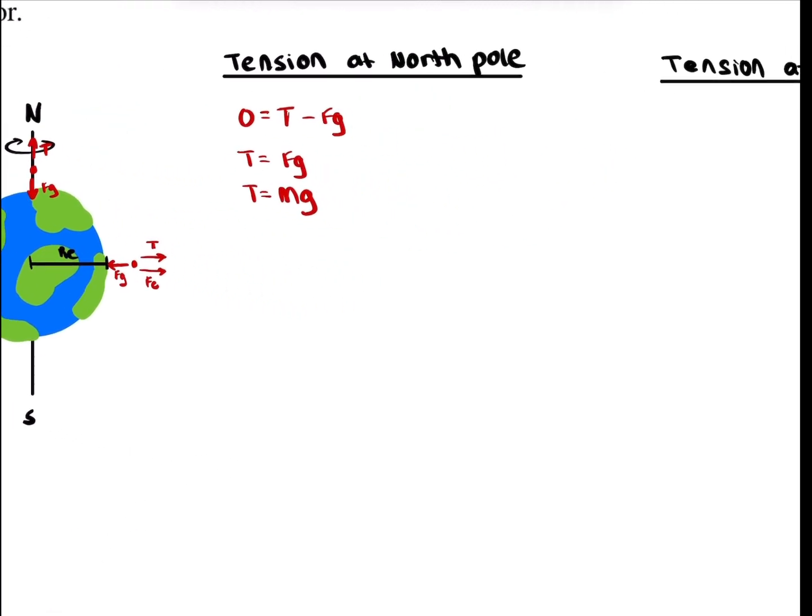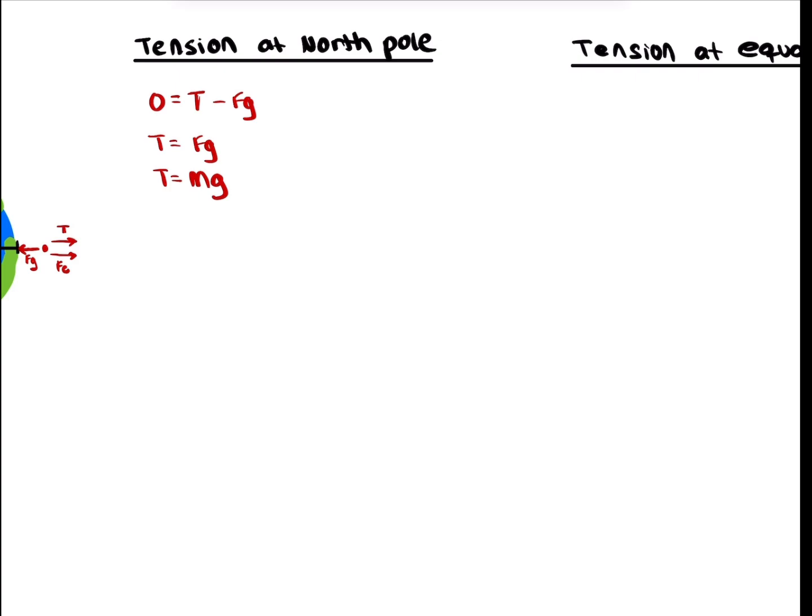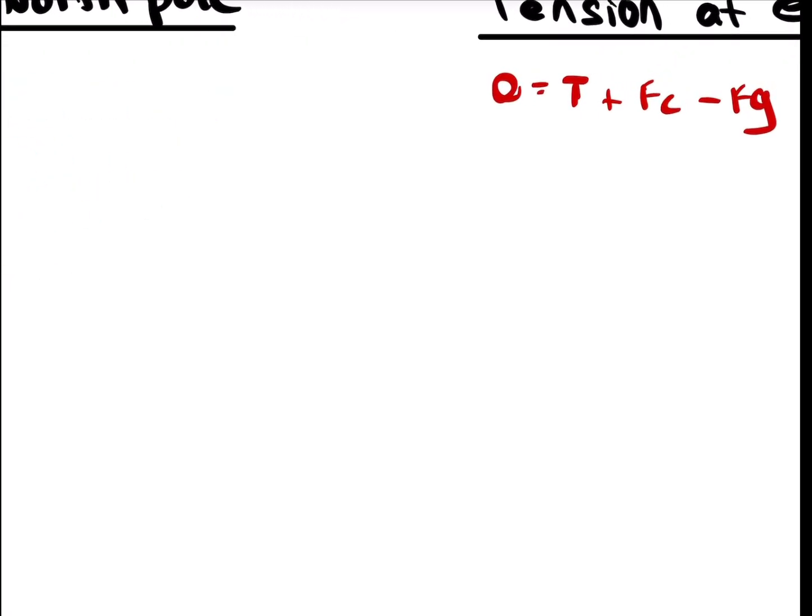So for this situation at the equator, the forces still equal 0. So that's 0 equals tension pointing up, so positive, plus the centrifugal force pointing up, so positive, minus gravity pointing down, so negative.